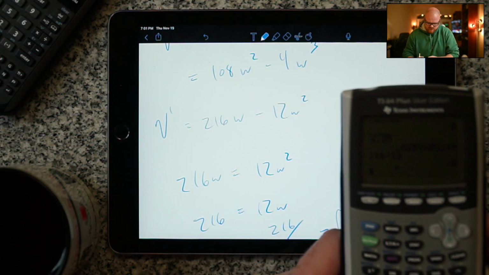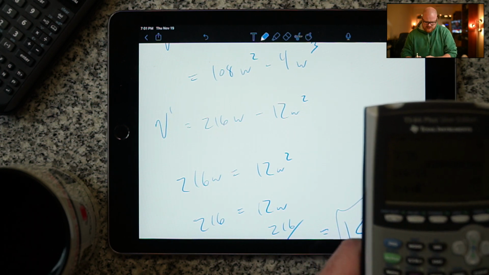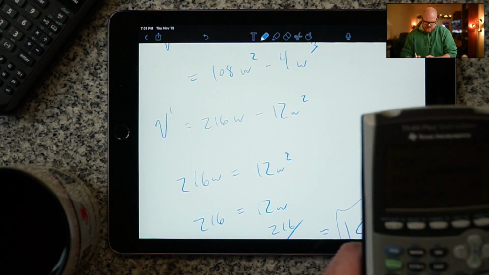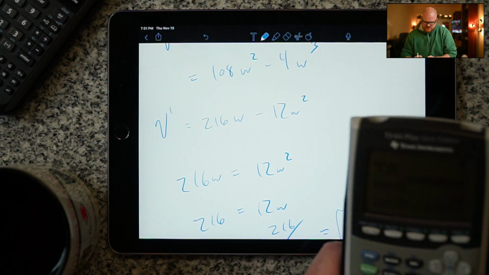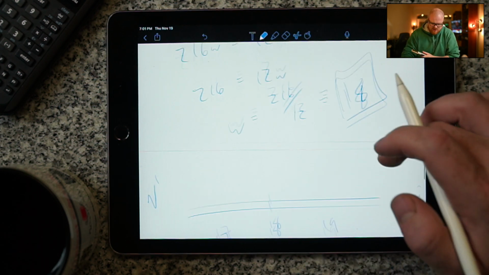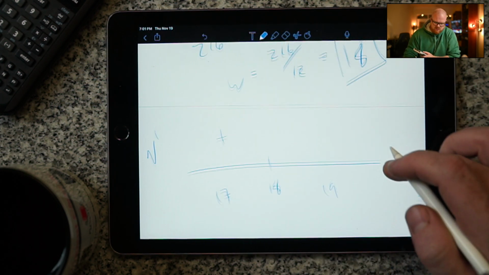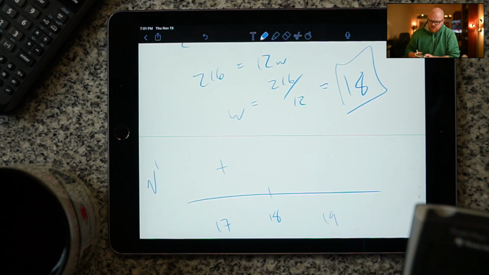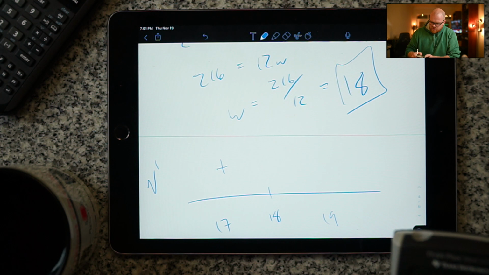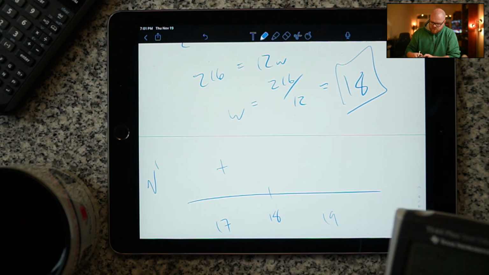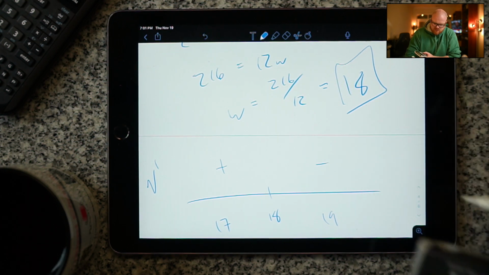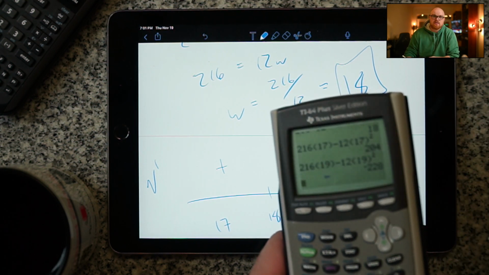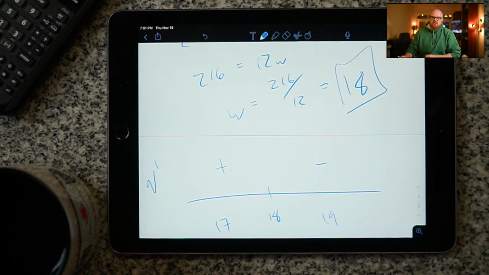I get 216 times 17 minus 12 times 17 squared. I get a positive number, which is good because we want a maximum here, so we want positive and then negative. And then if I redo the analysis at 19, I should get a negative number. And indeed I do. Negative 228 and 224 were those two numbers, in case you're wondering.